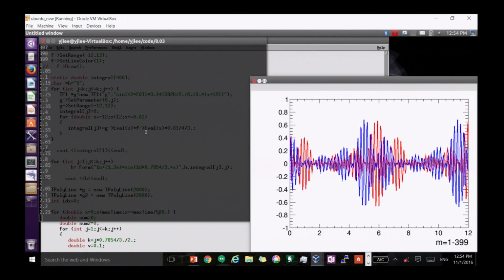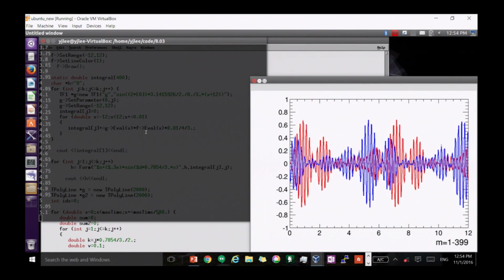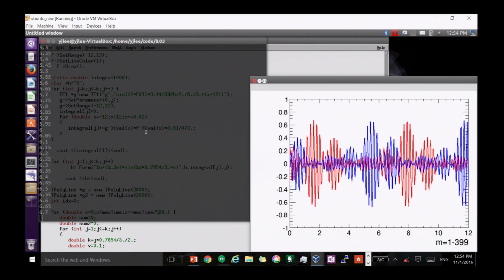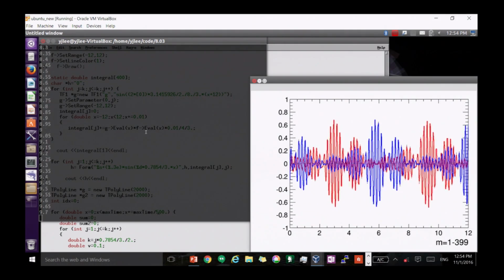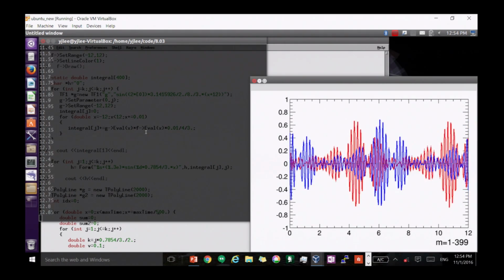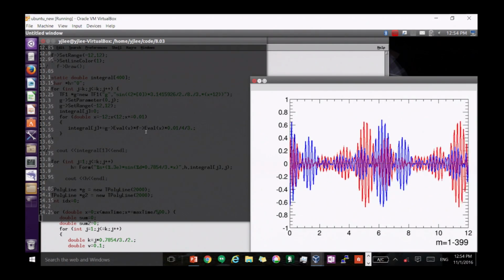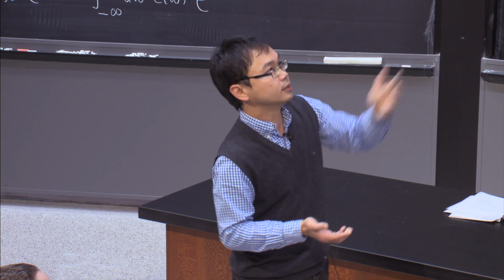The blue is the original non-dispersive medium situation, and the red is the propagation in a dispersive medium. You can see the propagation in a dispersive medium is faster because alpha is larger than 0. In this case, it's 0.1.